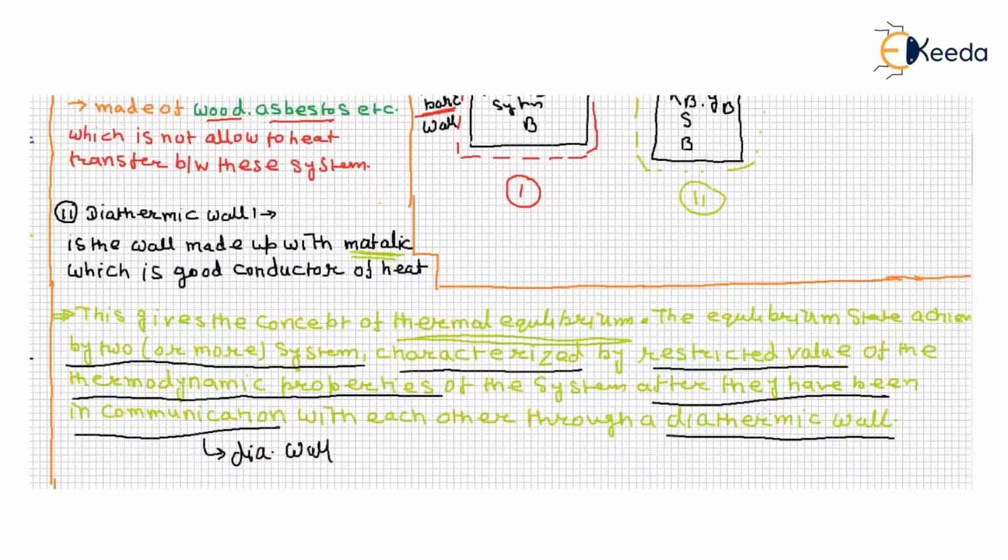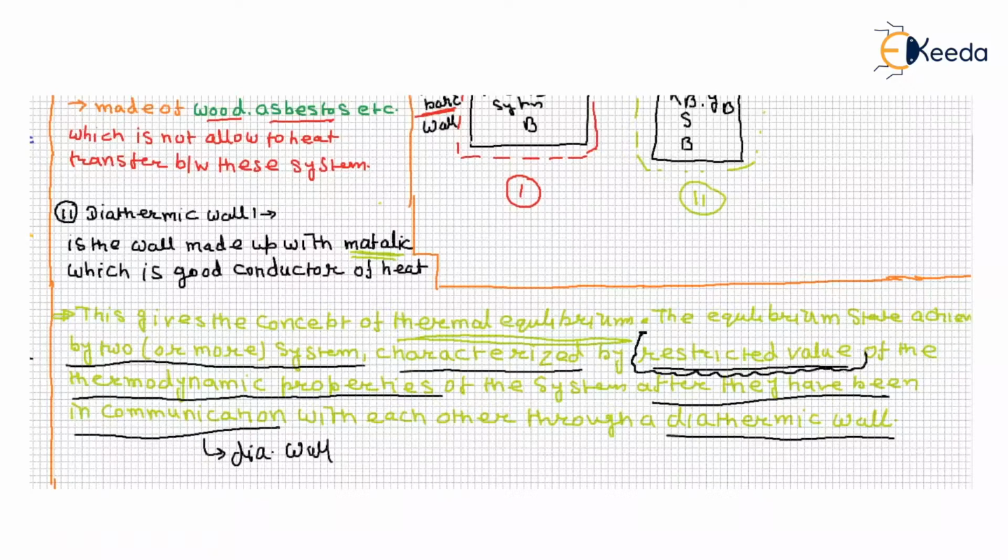That means thermal equilibrium simply says that the two systems are in equilibrium by the restricted value due to flow of heat when they are communicated with each other by a diathermic wall. And what is the restricted value? We will see in the next experiment.